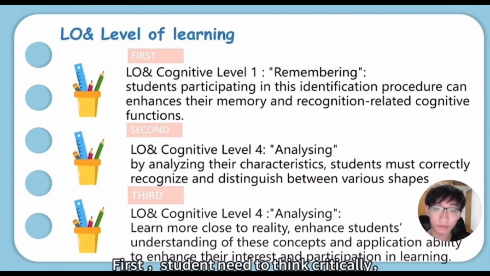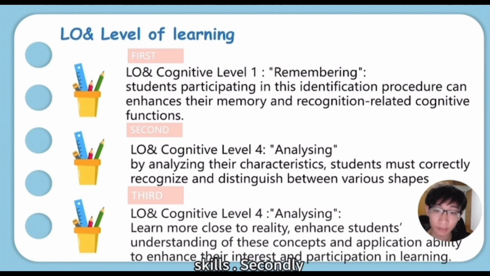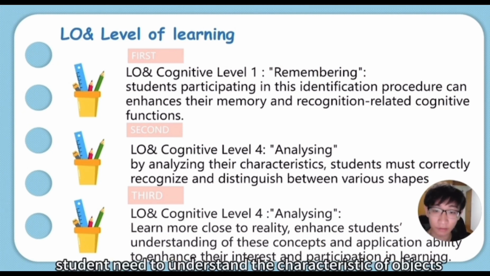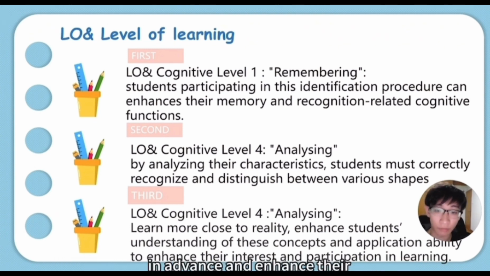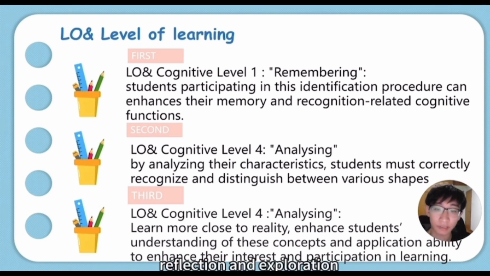First, students need to think critically, compare the nature and the characteristics of graphics, and match the geometric patterns encountered in daily life to enhance their analytical skills. Secondly, students need to understand the characteristics of objects in advance and enhance their analysis and understanding skills by matching them with reflection and exploration.